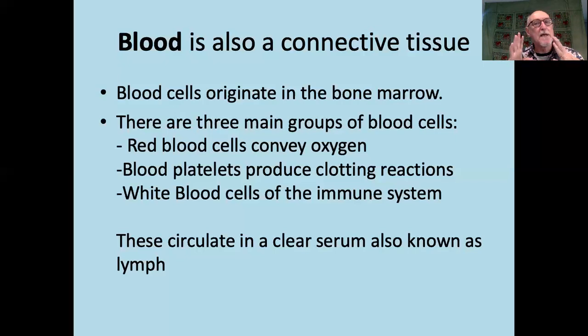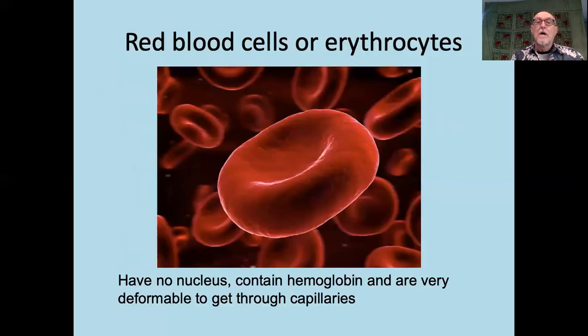They're white because they have no hemoglobin in them. They're distinguished from the red blood corpuscles because they have no hemoglobin. So all of these blood cells are circulating in serum, and the white blood corpuscles you will also find in the lymph as well. So here are red blood corpuscles, also called the erythrocytes.